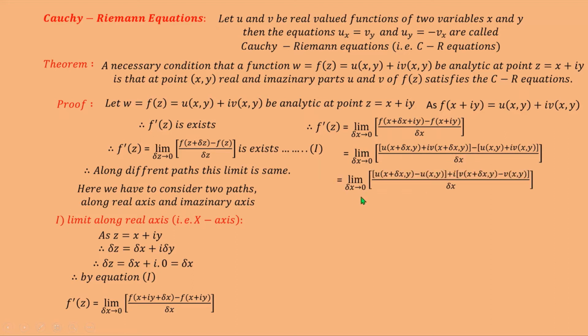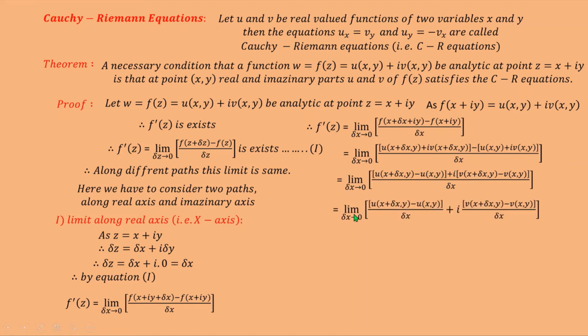So this is equal to limit delta x tends to 0, collect the real parts and imaginary parts. So we get u of x plus delta x y minus u of xy plus i into v of x plus delta x y minus v of xy upon delta x. Now separate the denominator here.